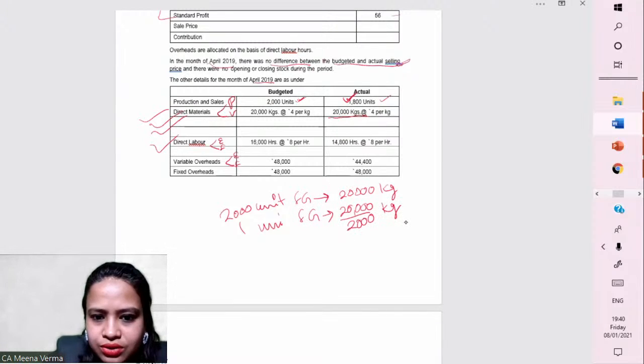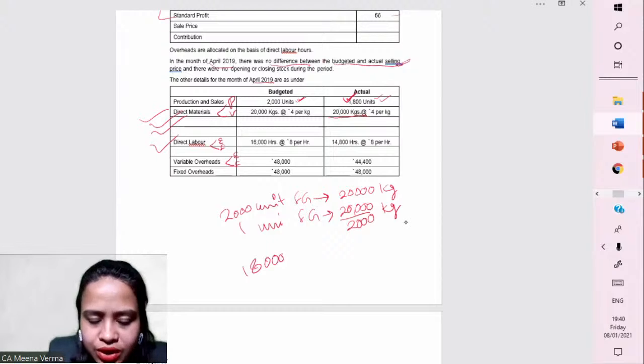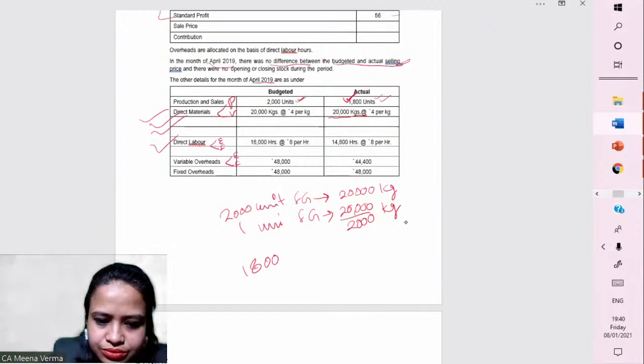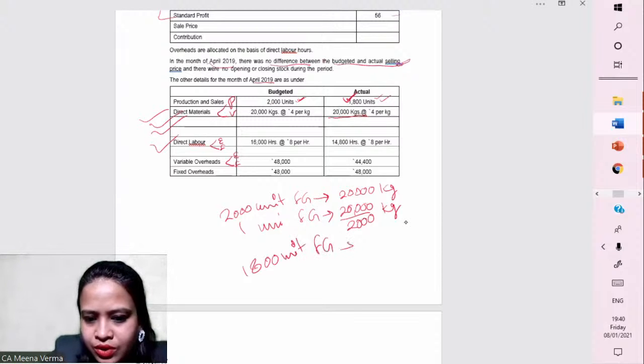And for 1800, we have this 1800 units. You need this kg of raw material.